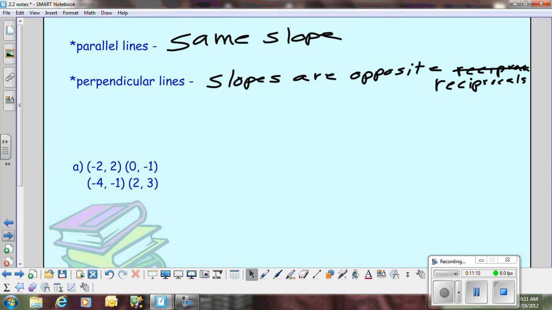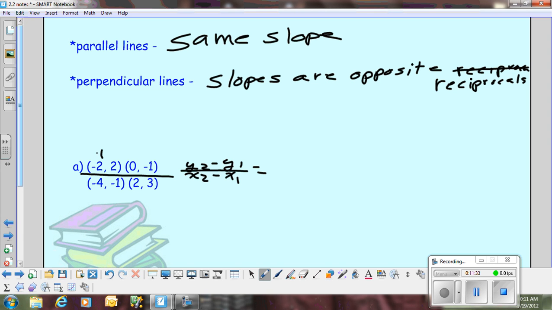Okay, let's look at these two lines right here and determine whether they are parallel, perpendicular, or neither. We're going to find the slope of this top one first: y2 minus y1 over x2 minus x1.